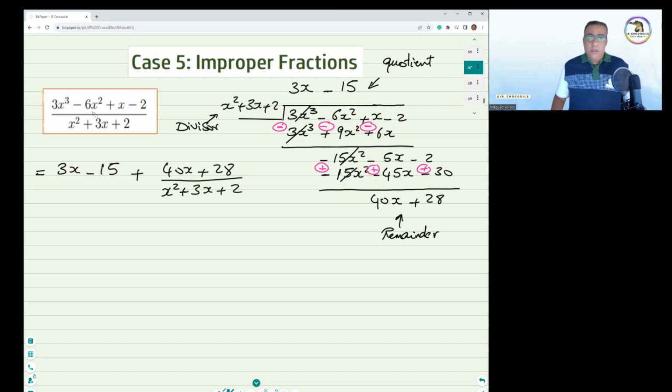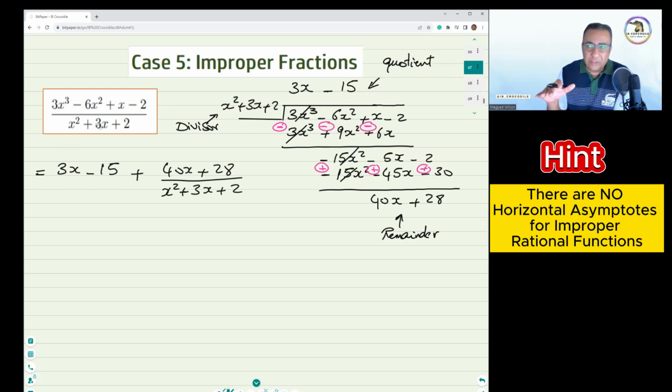Okay. By the way, this 3x minus 15, the quotient, is called the oblique asymptote. As a matter of fact, this is a case of improper rational functions. If the degree of the numerator is higher than the degree of the denominator, there are no horizontal asymptotes in that case, right?